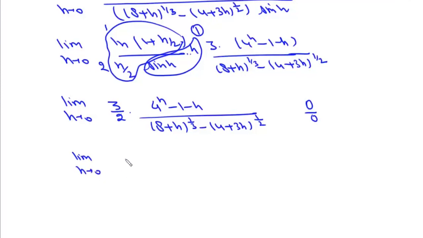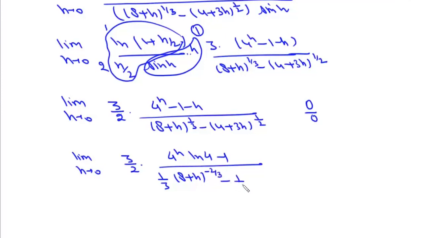So it will be this limit h tends to 0, 3/2. Now this is (4^h log 4 − 1) upon (1/3 (8 + h)^(−2/3) − 1/2 (4 + 3h)^(−1/2) into 3). Now we'll put h as 0.